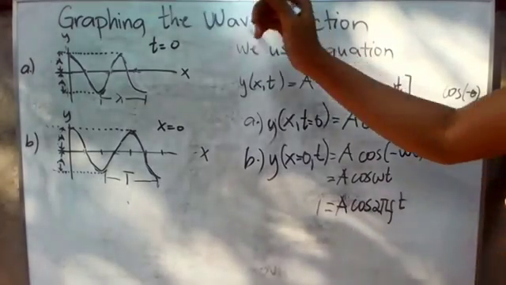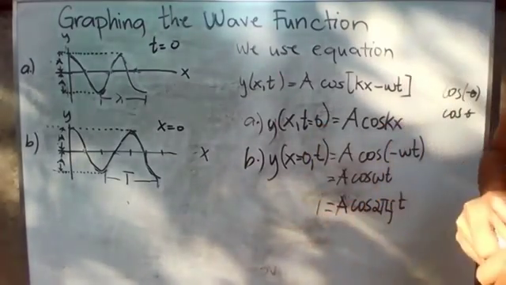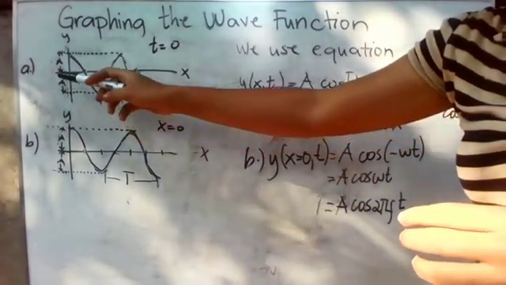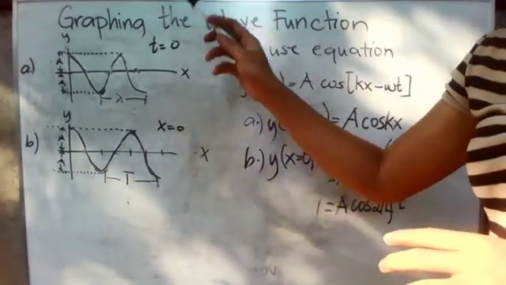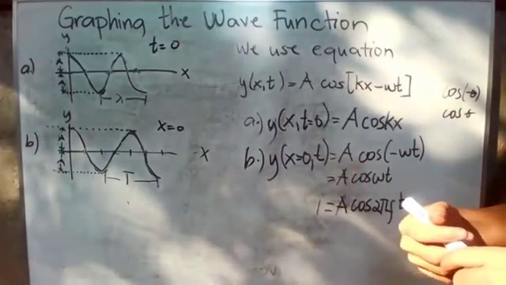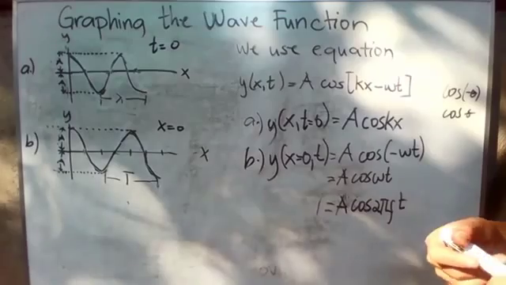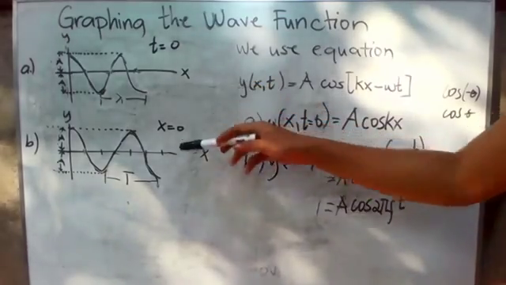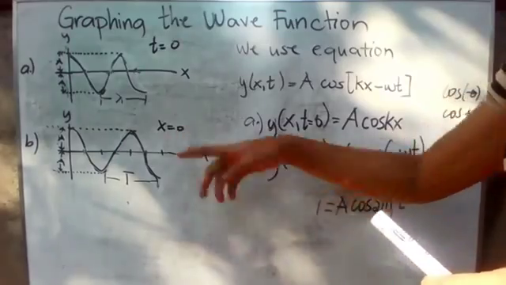Although the graphs may look the same, bear in mind that graph A shows the shape of the string at time equal to 0, and graph B shows the displacement of the particle at position x equal to 0 as a function of time.